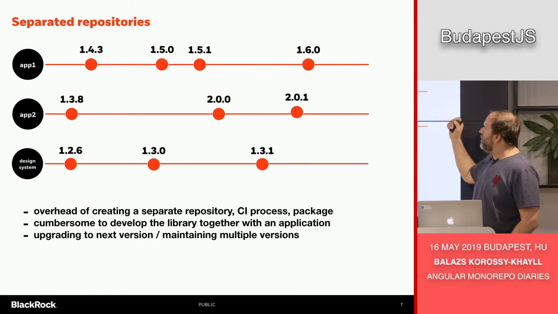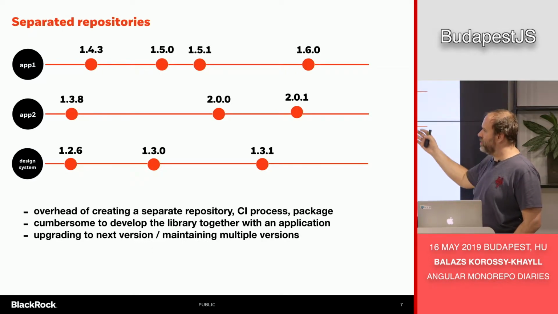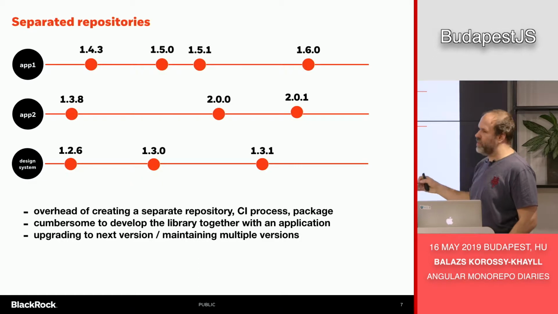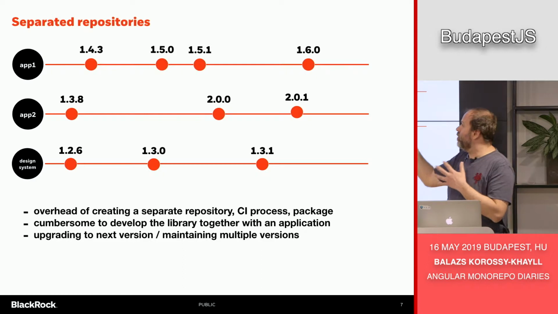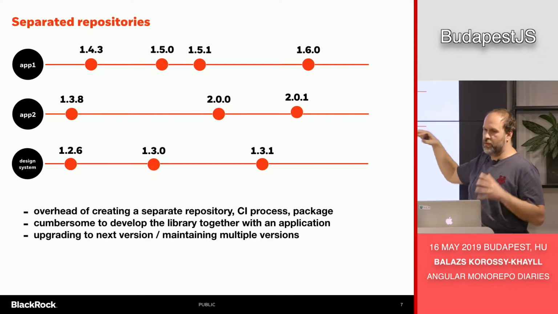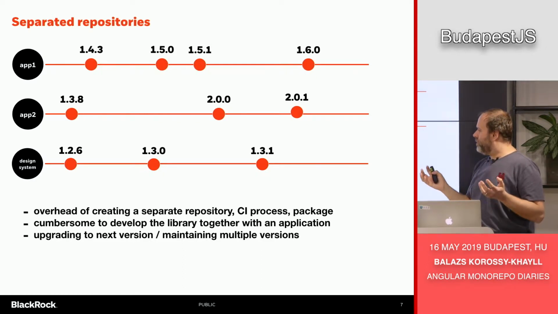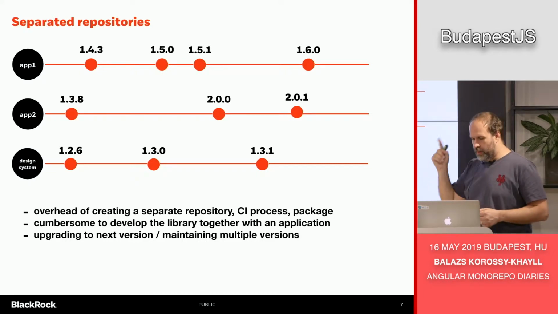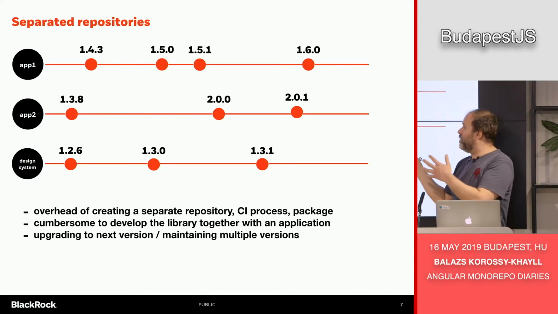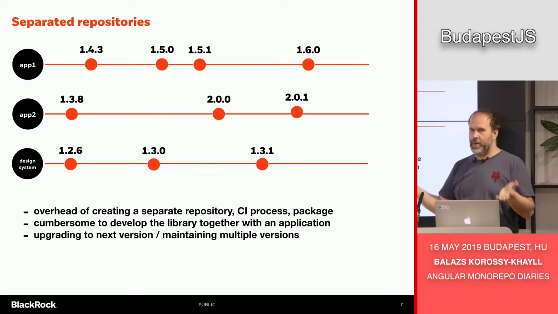Now, in this scenario, it's up to the application developers to actually upgrade to the newest version of the design system. And if they don't do that, then tough luck, you have to maintain a previous version. So in contrast, in a monorepo, you have all this code in one repository. So that is a bit different, because then you can always be on the latest version of the design system, but it's the design system developer's responsibility to not break your code.